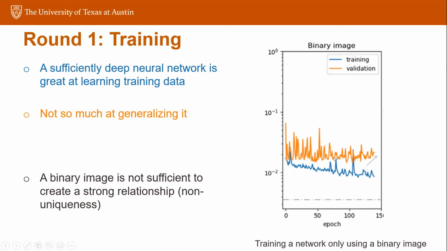This is the validation curve. So we can see that at some point it starts increasing, which means that the neural network got really good with the training data, but it wasn't good at unseen examples. So our conclusion from this little exercise was that a binary image is not sufficient to create a strong relationship because it's non-unique.